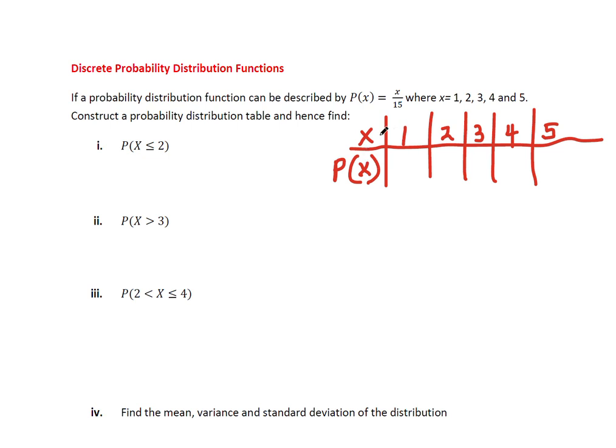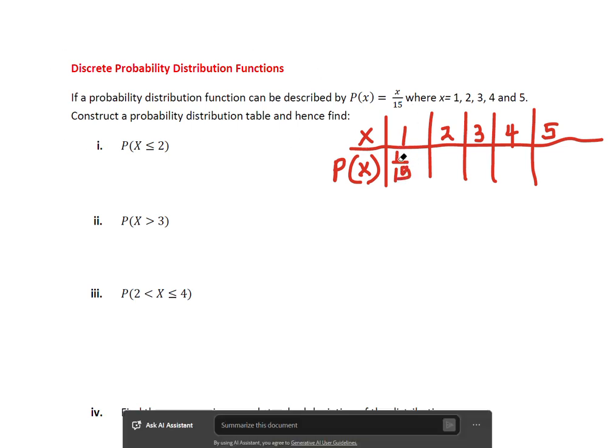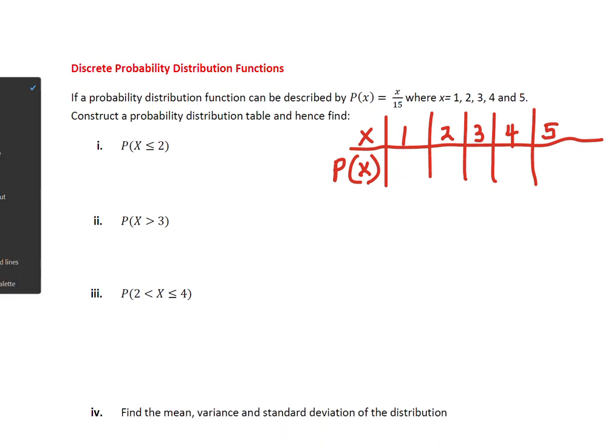So for example, when x is equal to 1, we're going to use 1 to replace x here in the probability distribution function so that the associated probability for an outcome of 1 is 1 over 15. So there's a 1 over 15 chance of observing an outcome of 1 in this particular data set.